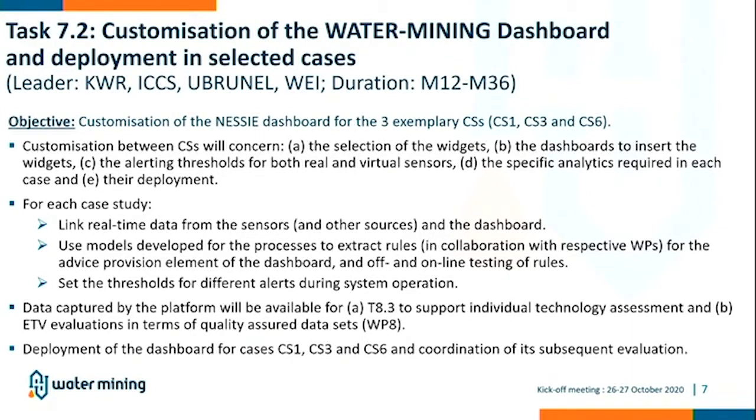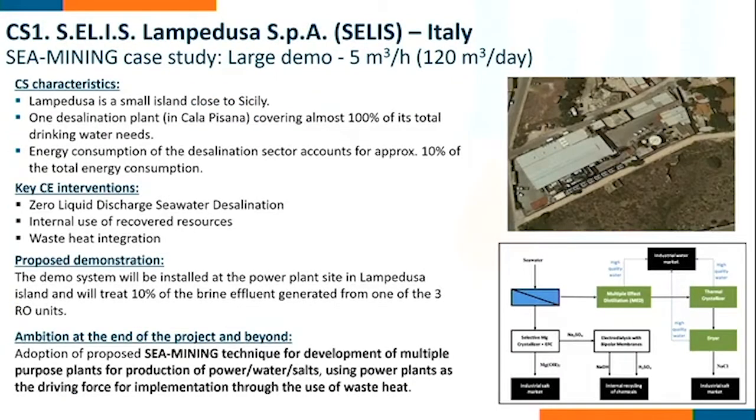So what are these cases? We talked about cases already, some of them. So I'll just simply point towards the ones selected for WP7. We've selected one case per water mining theme, as Dimitris said earlier. So the first case is the Lampedusa desalination plant in Italy, which belongs to the sea mining group.